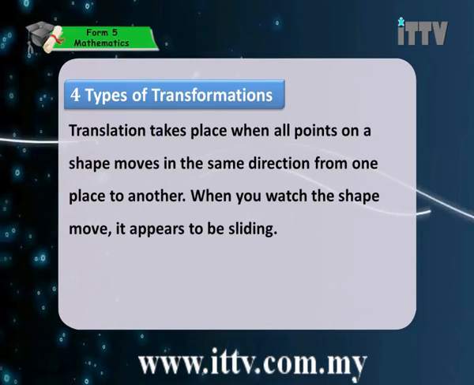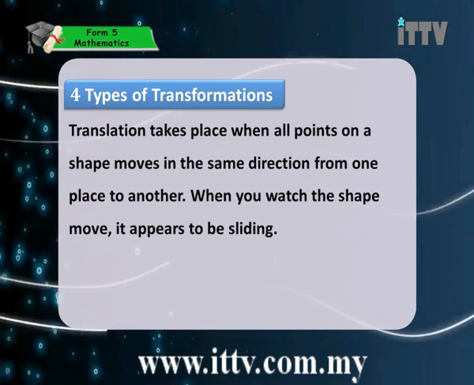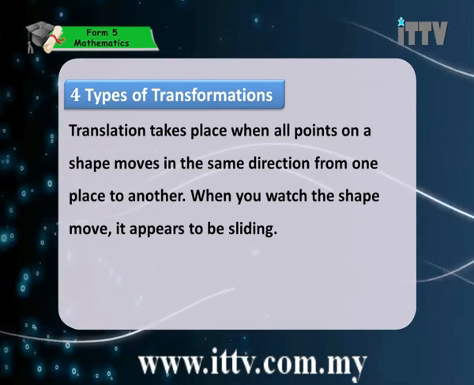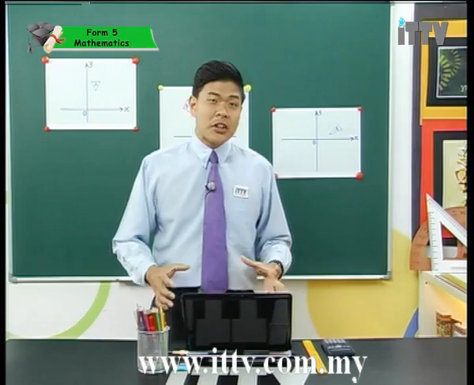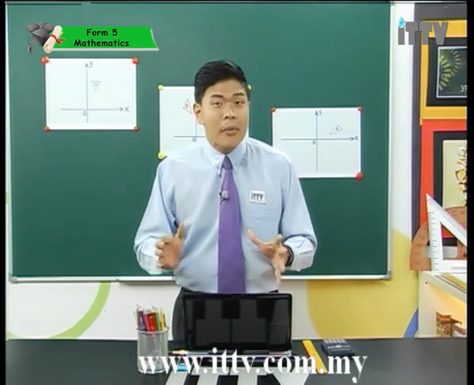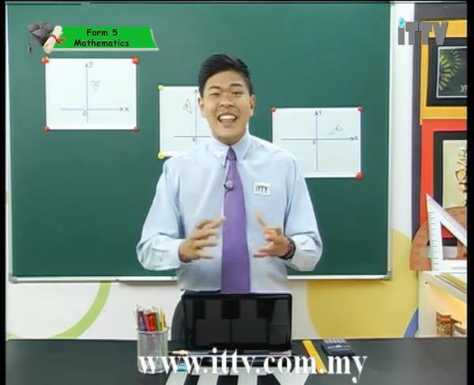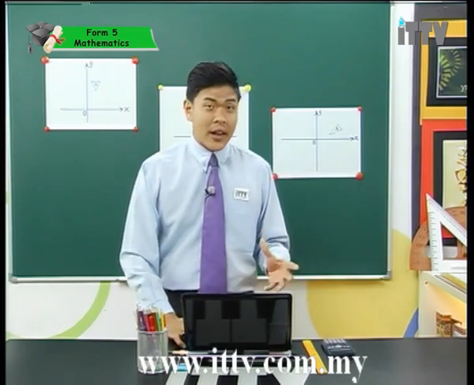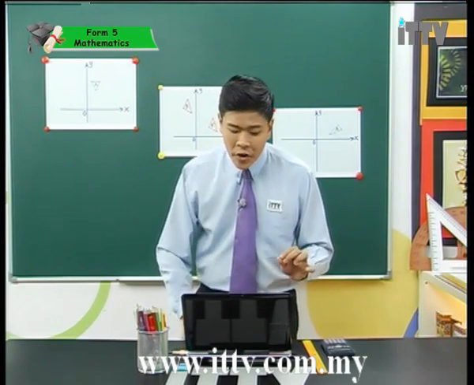Translation takes place when all points on a shape move in the same direction from one place to another. When you watch the shape move, it appears to be sliding. Alright, so the first transformation is called translation, and I'm sure all of you remember it, right? It is just the movement, or like the object is just sliding from one place to another. Okay, so it moves under a certain condition. We'll take a look at that later on.